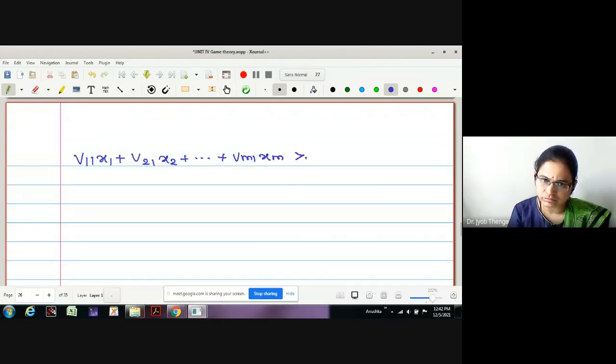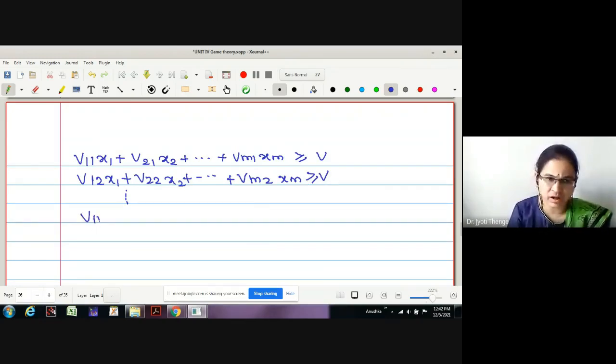Second, v12 x1, v22 x2, and so on up to vm2 xm greater equal to v. And what is my last one? v1n x1, v2n x2 up to vmn xm greater equal to v.